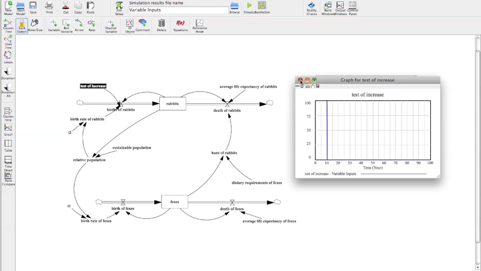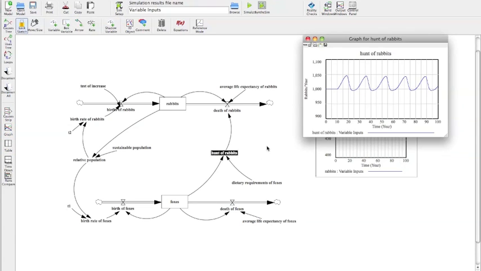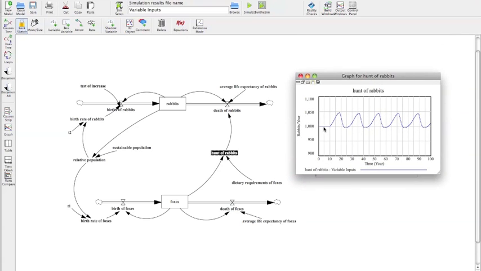And you can actually start playing around with it a little bit if you want. Let's look at the hunt of rabbits and see how hard they're being hunted. You can see here that this is the rabbits hunted per year over time, and you can again see this oscillatory behavior.